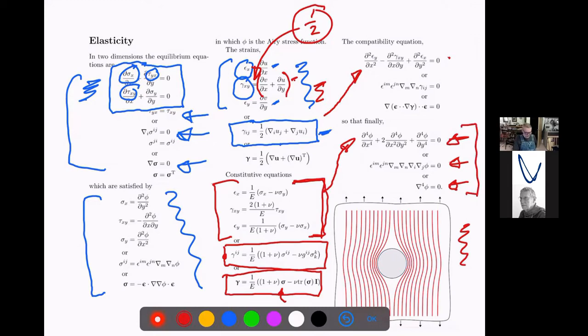And if you want to do that, you probably do best to look at Timoshenko's Theory of Elasticity, which is the classic book on, if you like, conventional non-tensor elasticity theory.